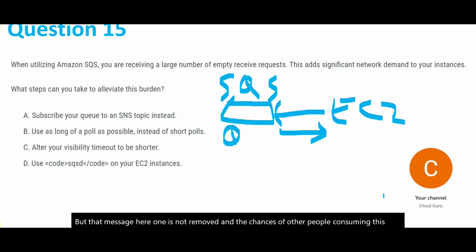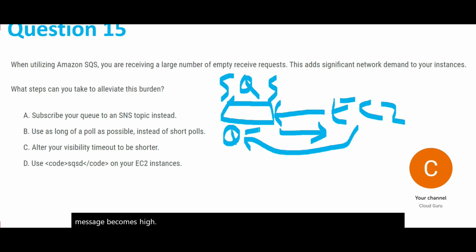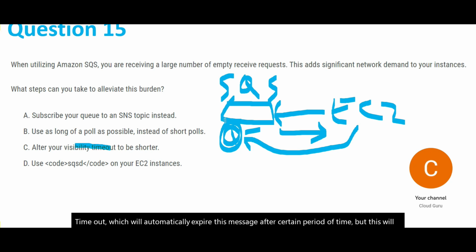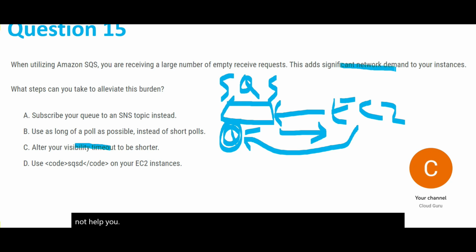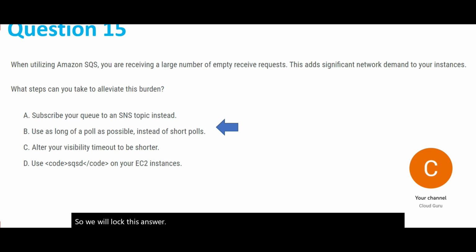So there are two options: either after consuming, EC2 itself says delete this, or you set a visibility timeout which will automatically expire this message after a certain period of time. But this will not help you with reducing the network demand or avoiding empty receive requests. This is a solution for a different problem, to avoid duplication. So we will lock this answer and move forward.